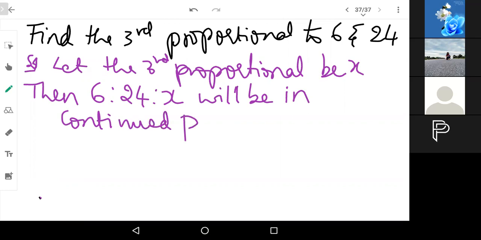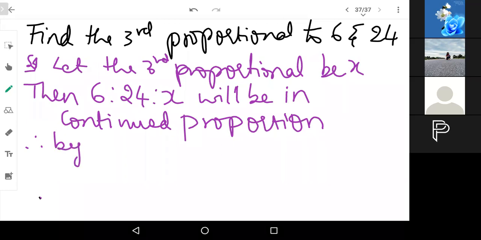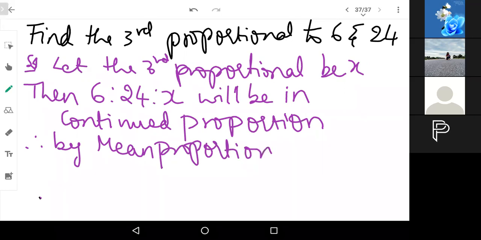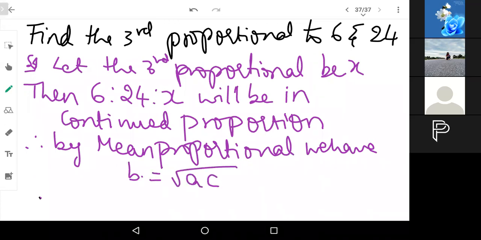Since we have three numbers, we are assuming it to be in continued proportion. So therefore, by mean proportional, we have B is equal to square root of AC.